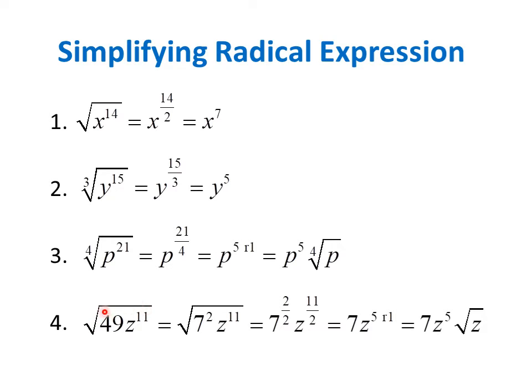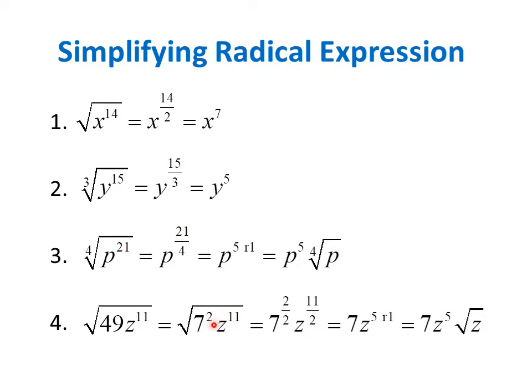Since we are getting the square root, we can express 49 as a square, and we know that 49 is 7 times 7, so that is equal to 7 squared. Then we copy z to the 11. So how do we get the square root? First we have 7 squared, so 7 to the exponent 2, and to get the square root, we divide that exponent by 2.